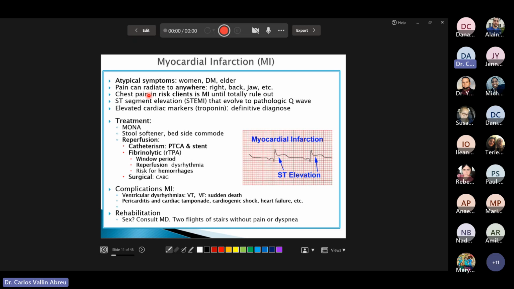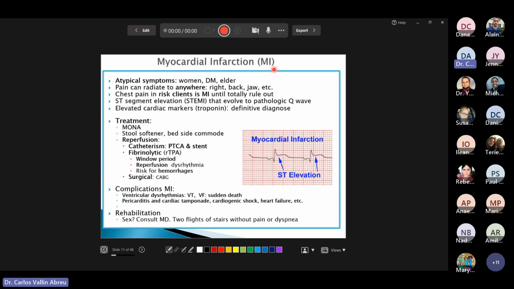But if you have somebody 50 or 60 with chest pain, please rule out myocardial infarction as the first option. That's why chest pain is usually a priority. If at the end it's not the heart, then it's another cause, and no problem with that.